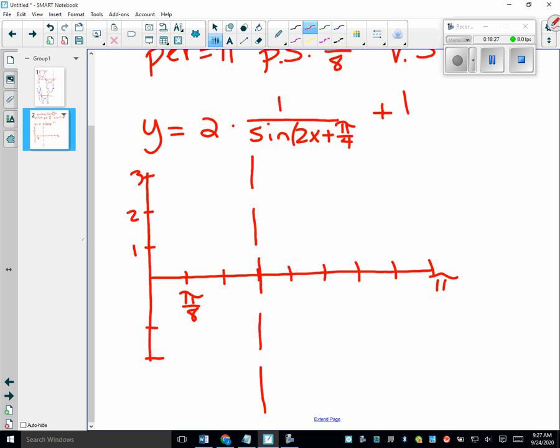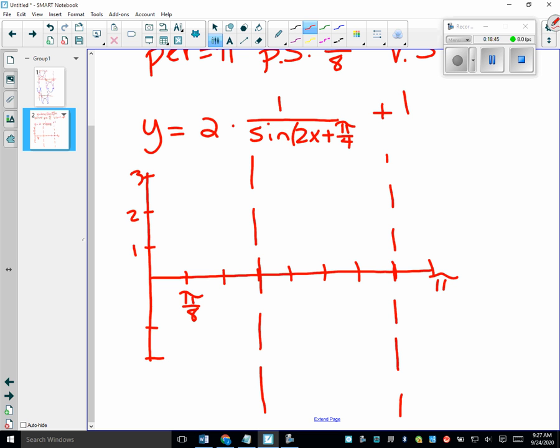Oh yeah, that's 7, my bad. Do you all agree? Your graph is going to follow your asymptotes, so that's why we have to find those first.